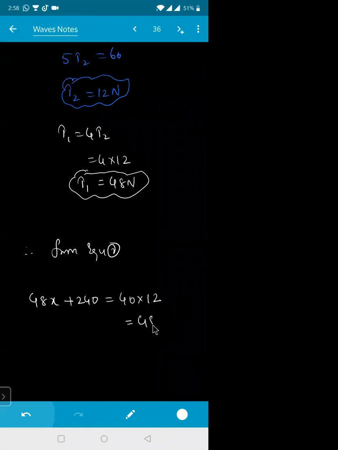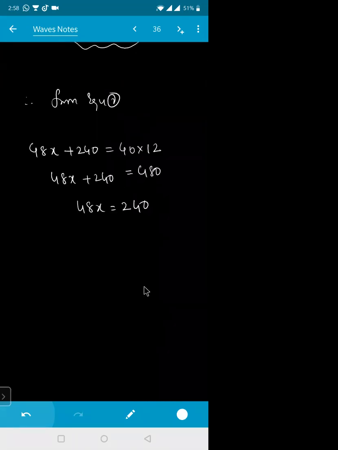So 48 into x plus 240 equals 480. So 48 into x will become 480 minus 240. So x will be equal to 240 divided by 48. That is 5 centimeters. And the x will be equal to 5 centimeters.